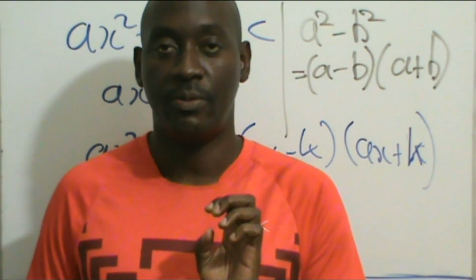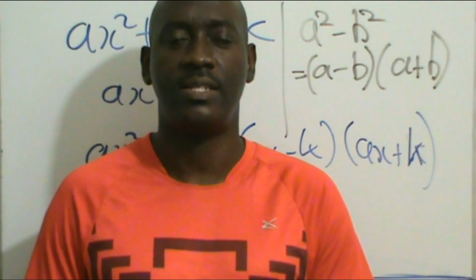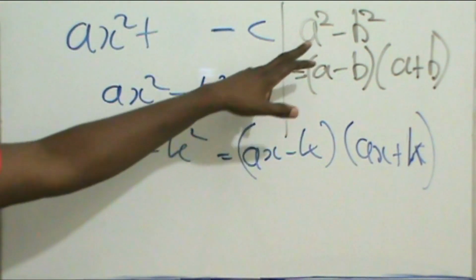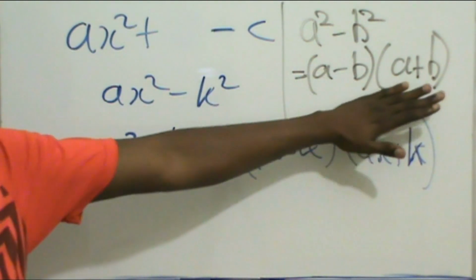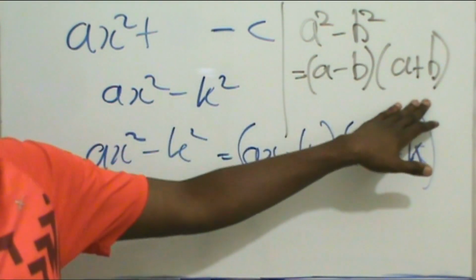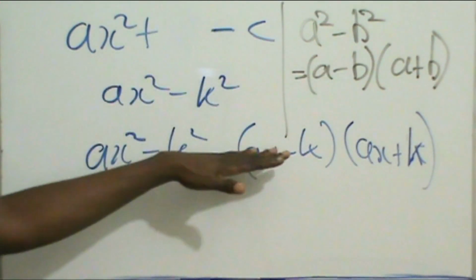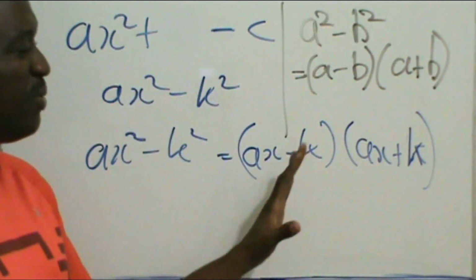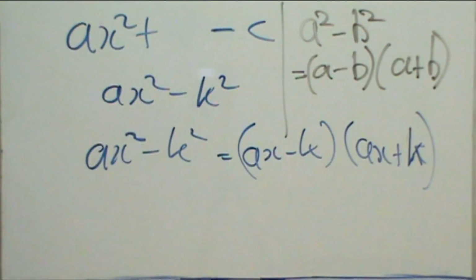Right? So remember, the factorization of the difference of two squares, a squared minus b squared, is a minus b multiplied by a plus b. This here in blue is just the general derivation of it. You don't have to worry too much about remembering this.